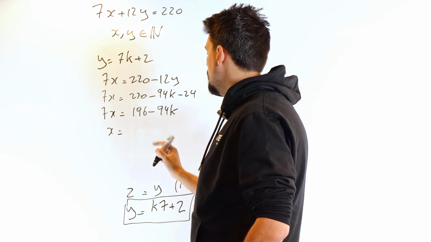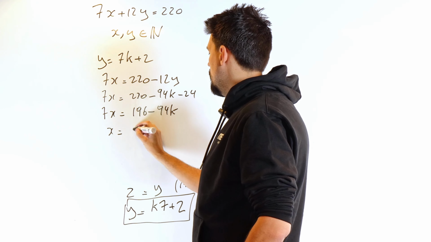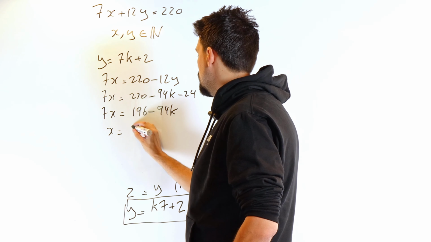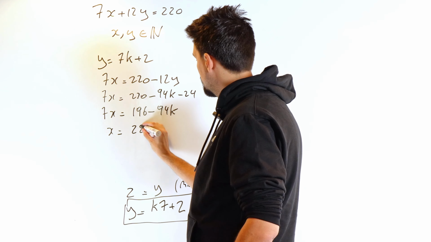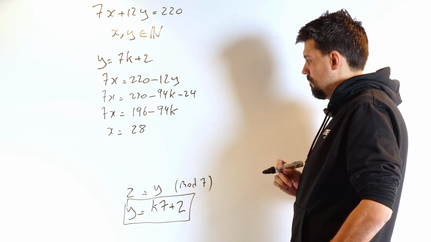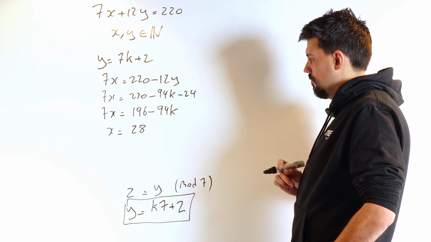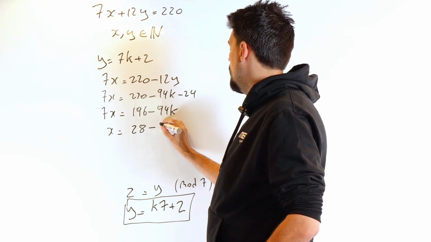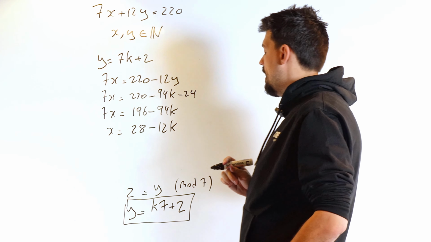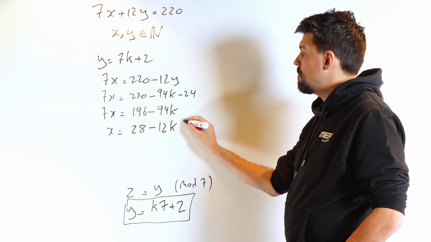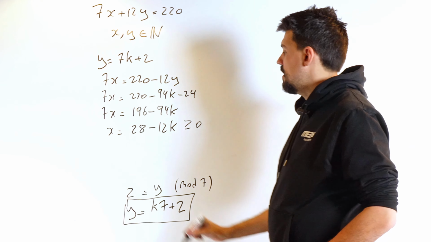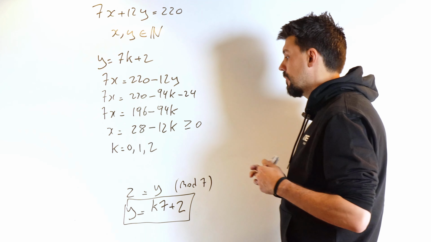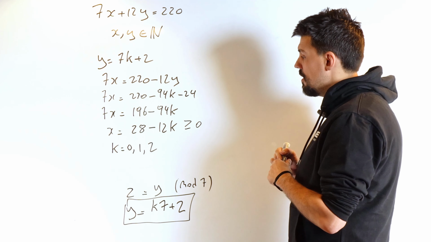So x is, 10, 20. 20 puts me on 140, so I think that's 28. Which makes sense. Minus 12. Okay. Now this already tells me x is positive, so I know that k has to be 0, 1, or 2. So really, all I have to do is plug those in.